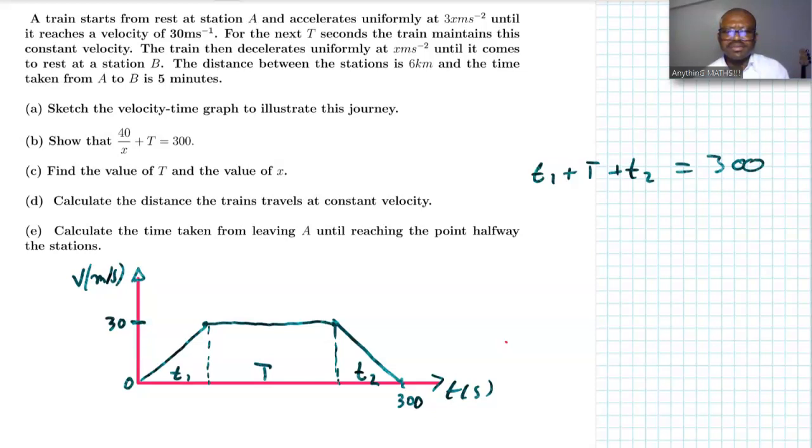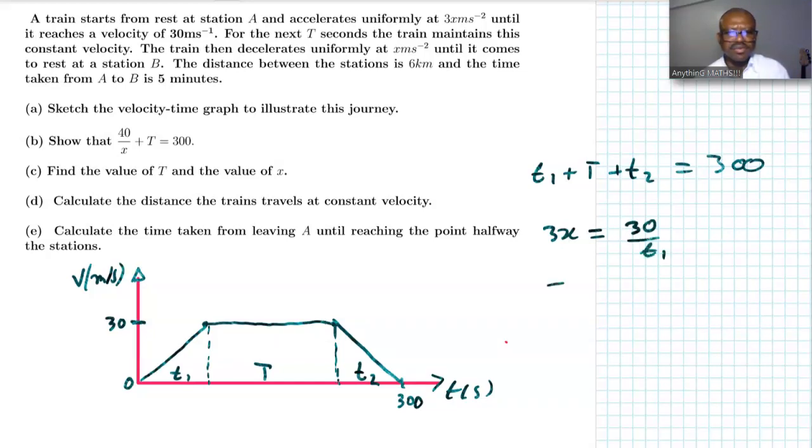From the information given, for the first part, we know the acceleration is 3x, so 3x should be equal to the change in velocity, 30, over t1.